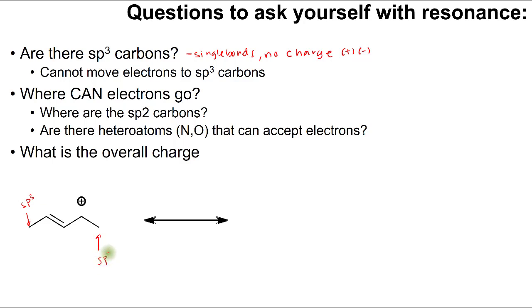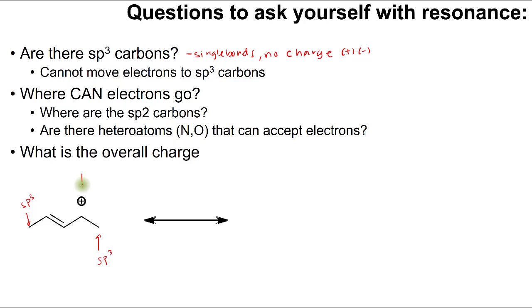So I do not want to draw any resonance structures where electrons get put into those carbons, because they already have a full octet. Where can I put my electrons? The places you can put electrons are sp2 carbons, or you can put them onto heteroatoms. You can put them into carbons that are positively charged.